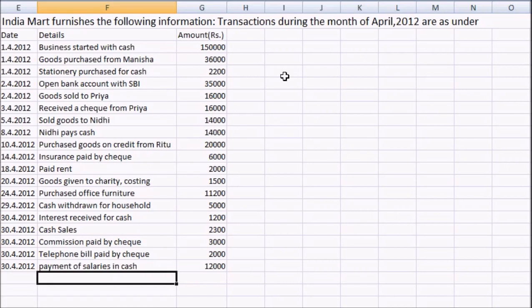Now for passing every journal entry, I will use the accounting equation, which I have already discussed in my previous videos.